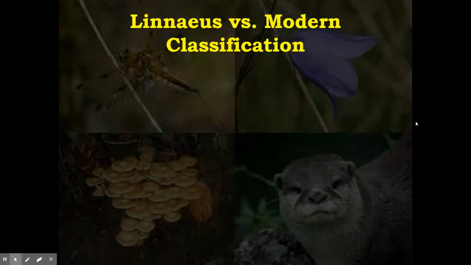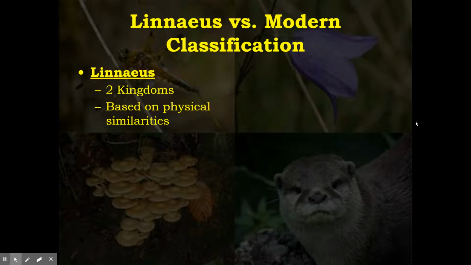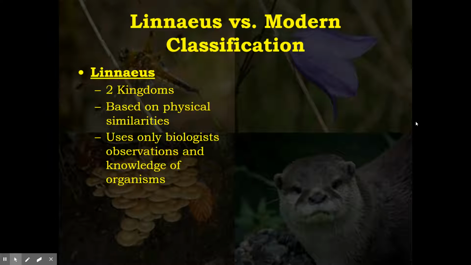So Linnaeus, back in the 1700s, his system had two kingdoms. They were based on physical similarities, and the only way that he could figure out if it was in one kingdom or the other was just observing and having a knowledge of the organisms.